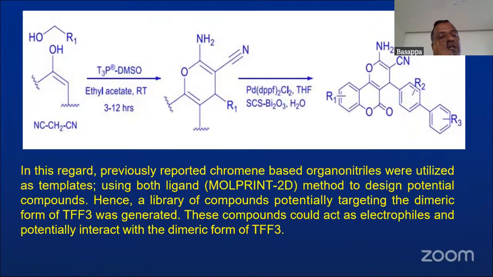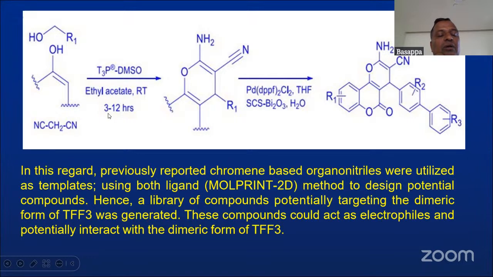This is the chemistry for how we could prepare these types of amino nitriles synthetically. For this, we used 4-hydroxycoumarin and an alcohol library of benzyl and many different alcohols, and the condition was T3P in DMSO as solvent, varied depending upon the reaction condition to get a yield.